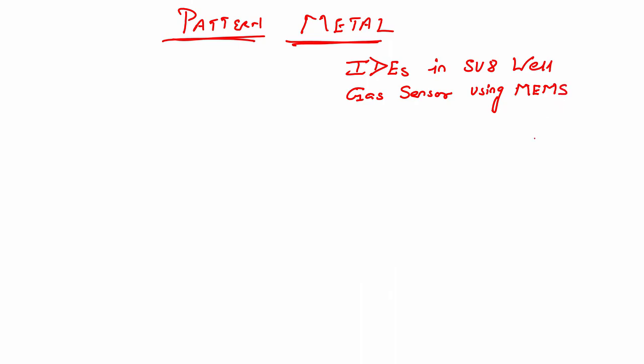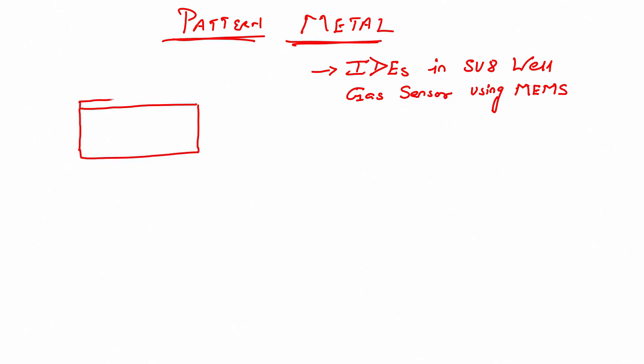Now, let us quickly see how to design a metal. That is the same thing as interdigitated electrodes. We will just see it so that you get a refresher, and when I show you the process flow for the MOSFET, you understand it.